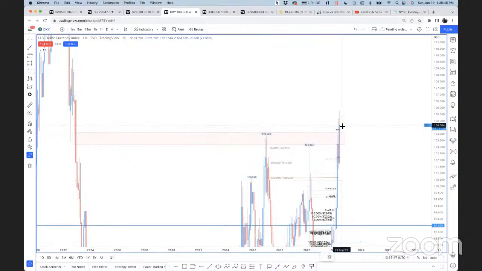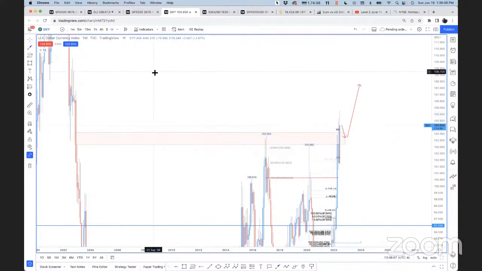I would actually like to see it come back into this level, or just around this high and hold it, and if we hold it, we keep pushing up higher, right? Keep pushing up higher.